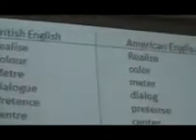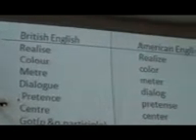The next word is color. In the British English, the word is spelled COLOUR, while in the American counterpart, the OUR is replaced by O and R.